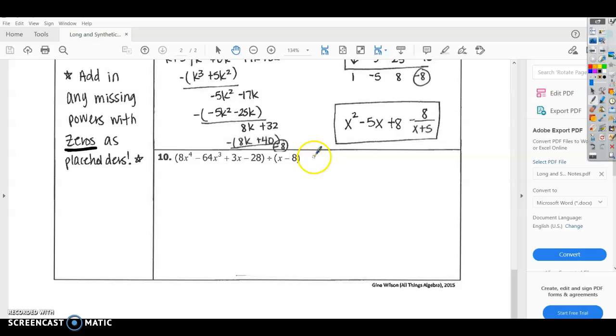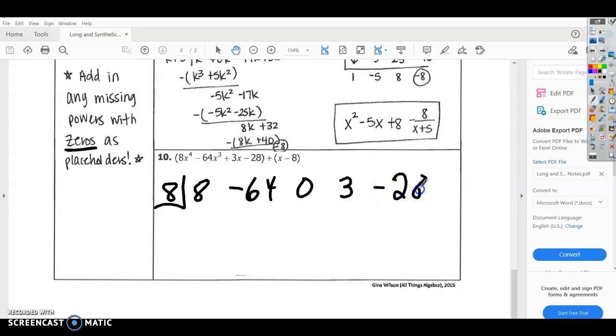So I'm going to take the -8, make it +8, and then I'm going to bring down my coefficients. So I'm going to have 8, -64. I'm missing a quadratic term, so I need to add in a 0, and 3, and -28.